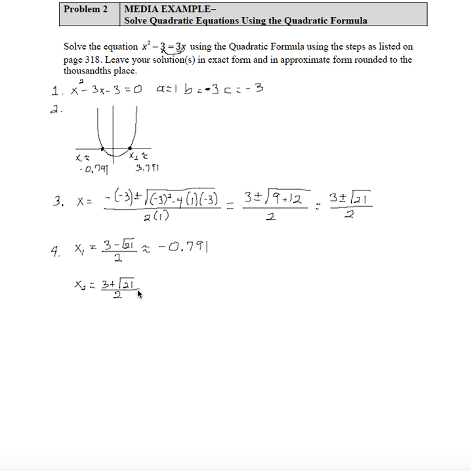And for x2, 3 plus the square root of 21 over 2 should be approximately 3.791. So my exact form for these two solutions is this column. My approximate form is this column.